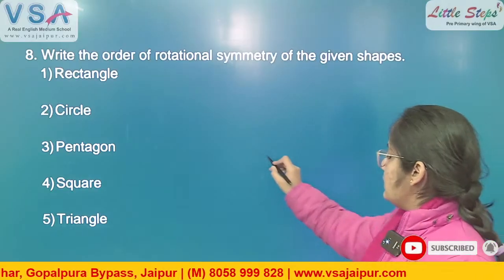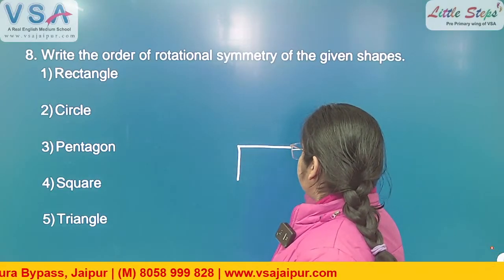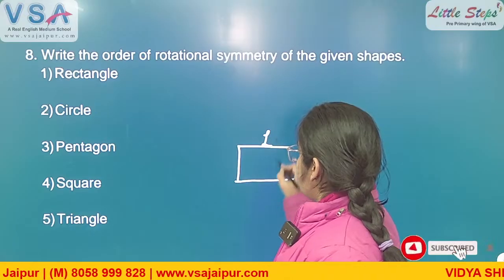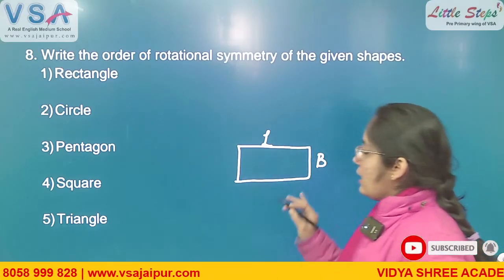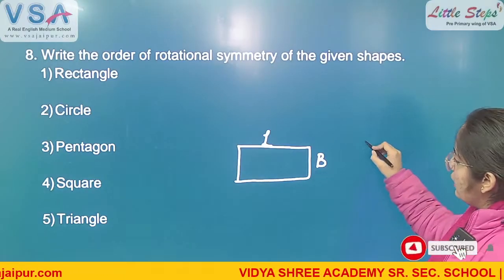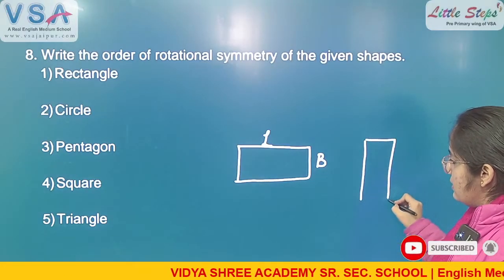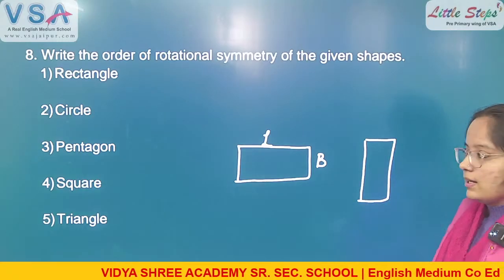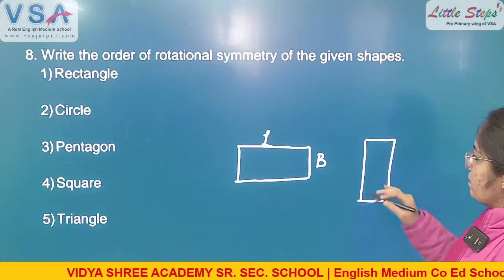For example, this is a rectangle. It has some length and some breadth. If I give it a half turn, it will look like this.